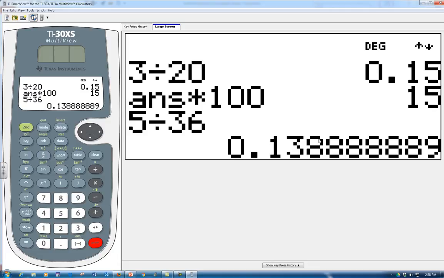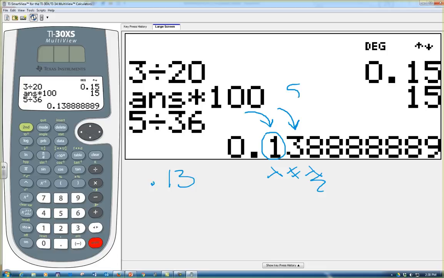So let's go back to our whiteboard and look at that. So let's say the direction said round to the nearest tenths. Since this is the tenths place, and remember you have tenths, hundredths, thousandths, ten-thousandths, and so forth. But if it said tenths place, this is the tenths. The number past it is not 5 or bigger. If this is 5 or bigger, then this number would go up 1, and we would have 0.2 as my answer. Since it's not 5 or bigger, we would have 0.1 as my decimal answer.